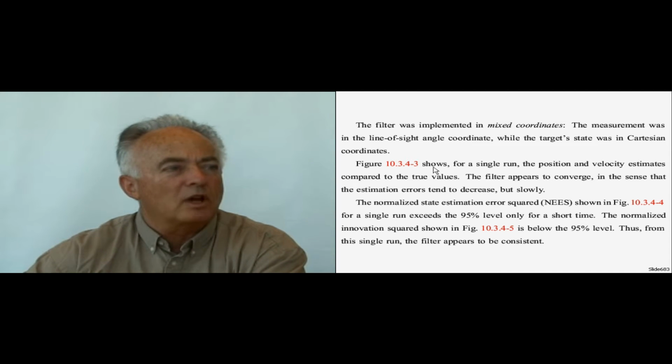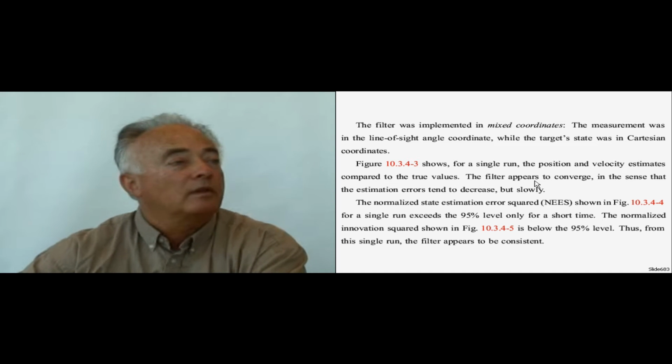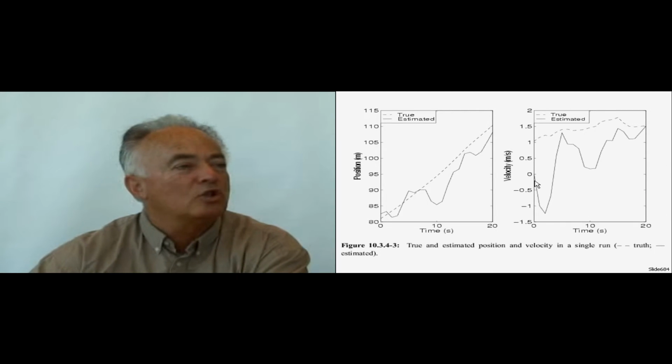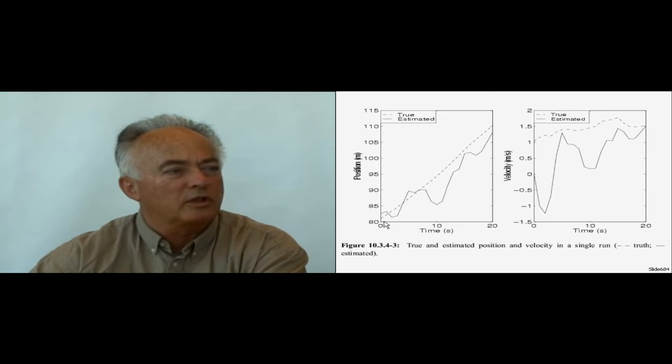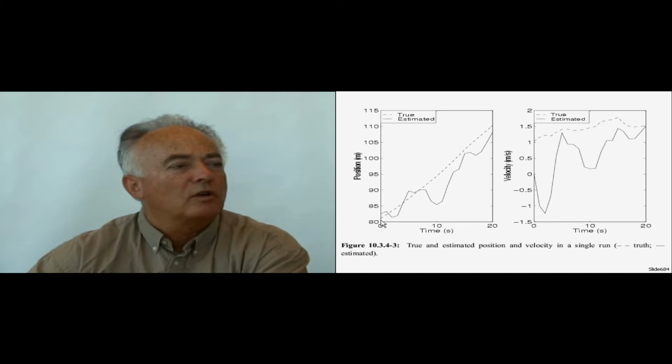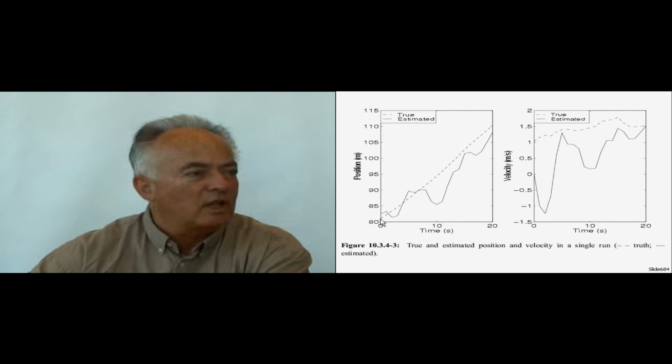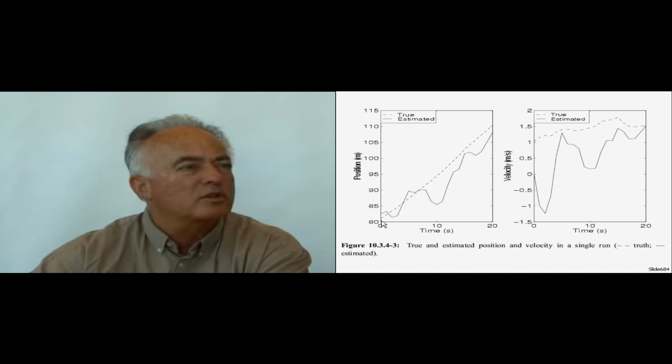So what we have now is some results. The position and velocity estimates compared to the true values, and we see here the true trajectory of the target starting at 80 plus a little bit of noise, so that's not exactly constant velocity, it's approximately constant velocity.